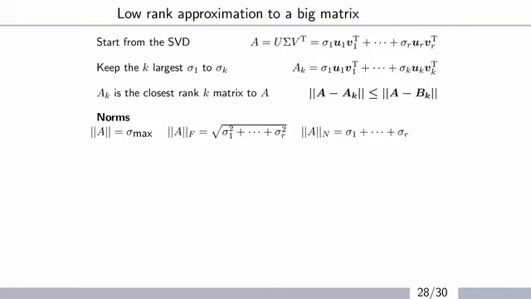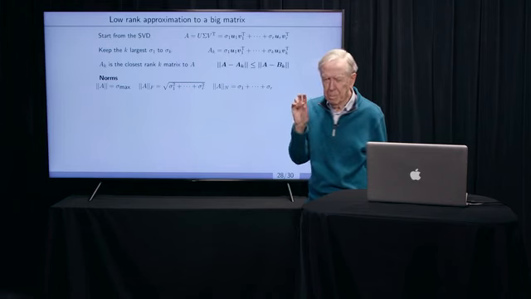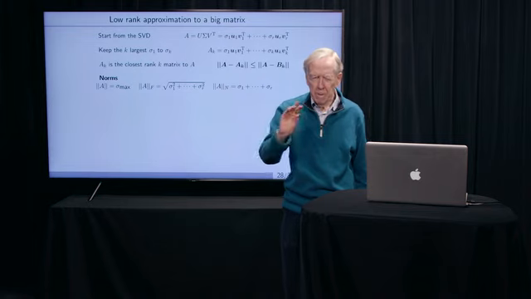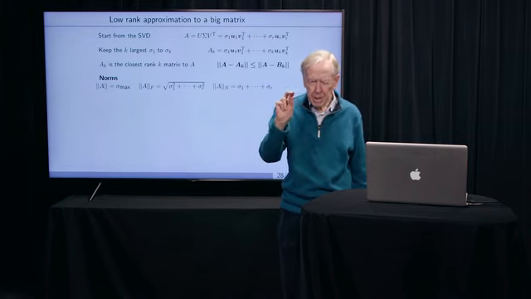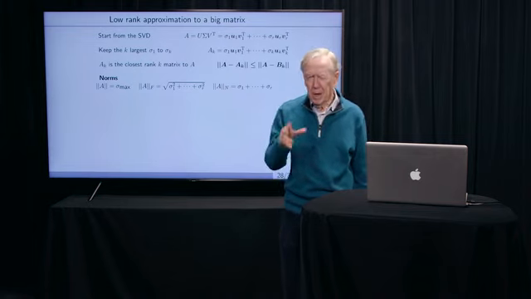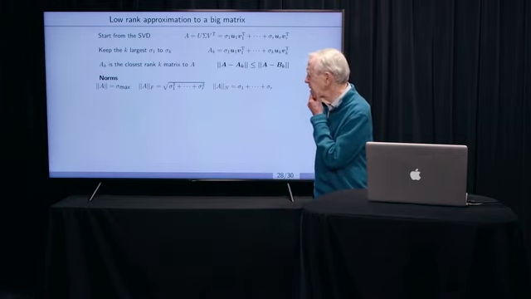So in data science, you very often keep just the first ones, maybe the k largest ones, and then you've got a matrix that has rank only k, because you're only working with k vectors, and it turns out that's the closest one to the big matrix A. So singular values, among other things, put in order of importance the little pieces of the matrix, and then you can just pick a few pieces to work with.